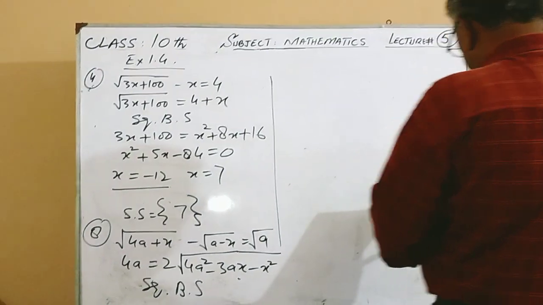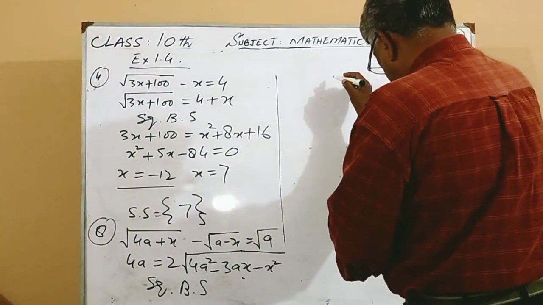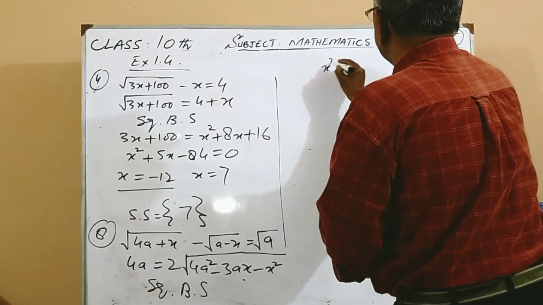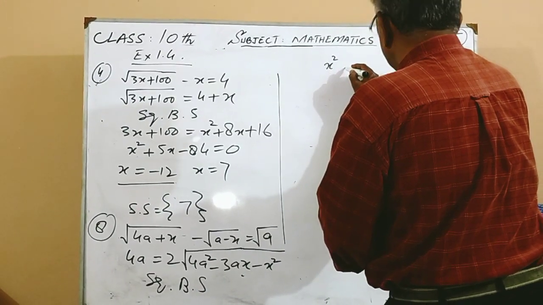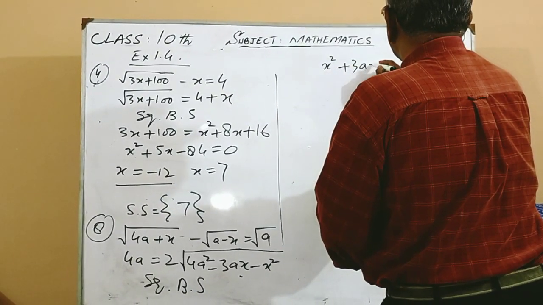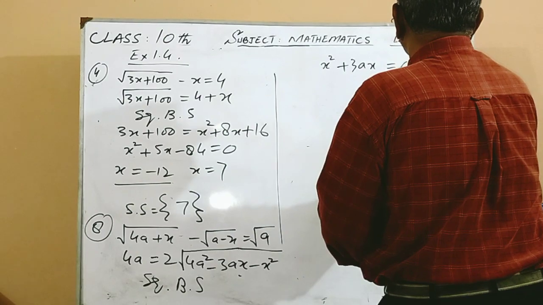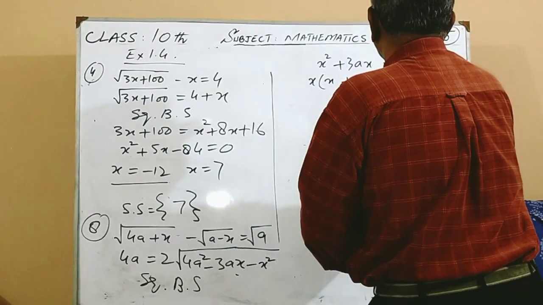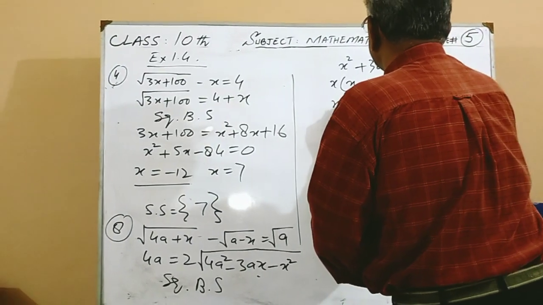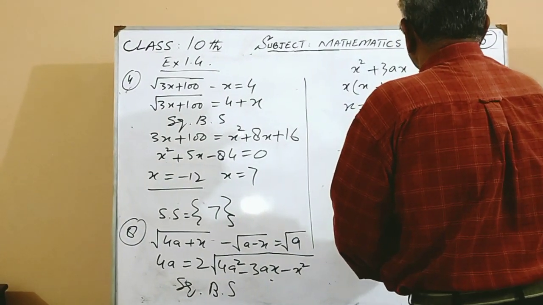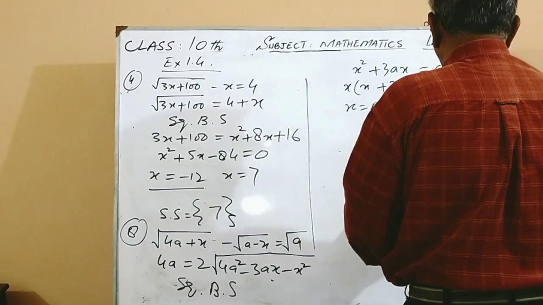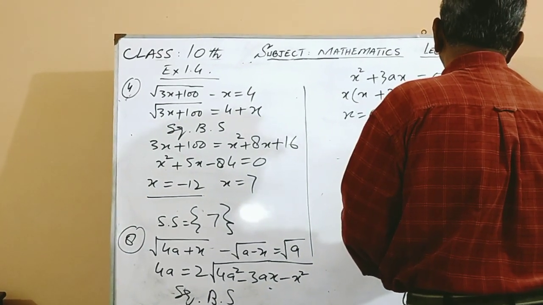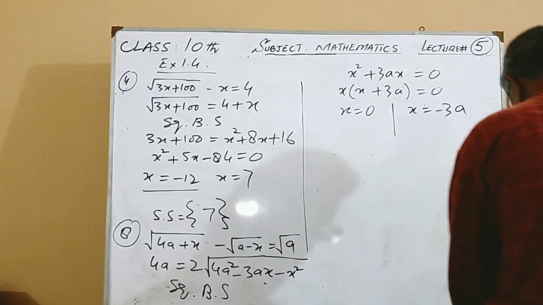Now after squaring this and simplification you will get an equation of this type. So after taking common, again you will get x is equal to 0. This is one value, the other value is x is equal to minus 3a.